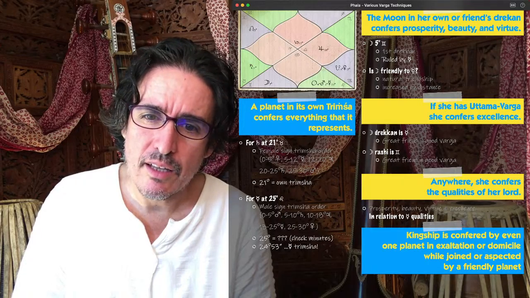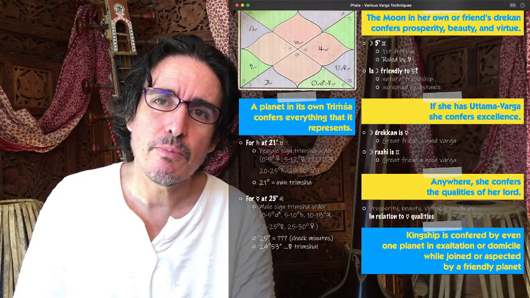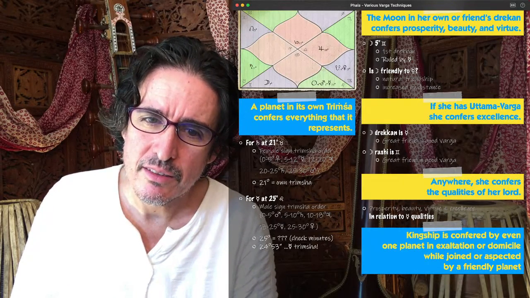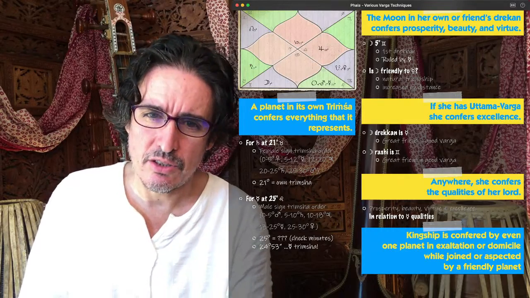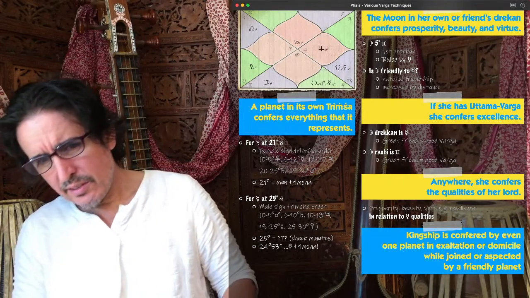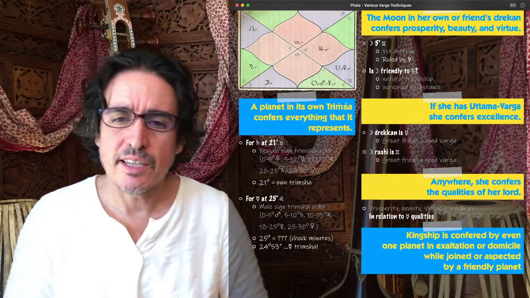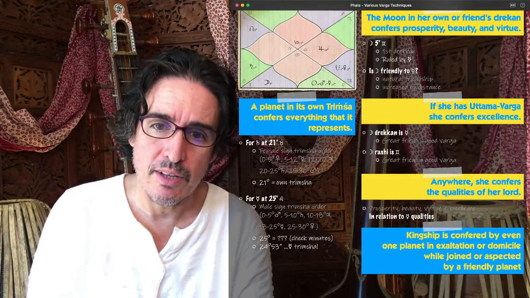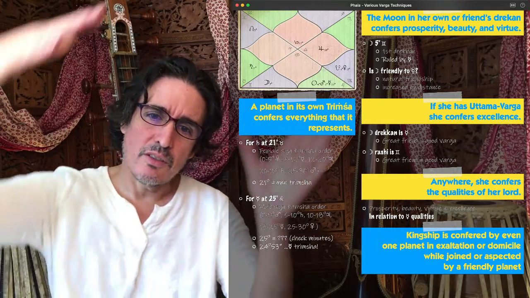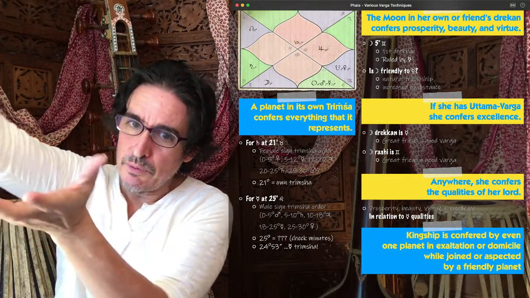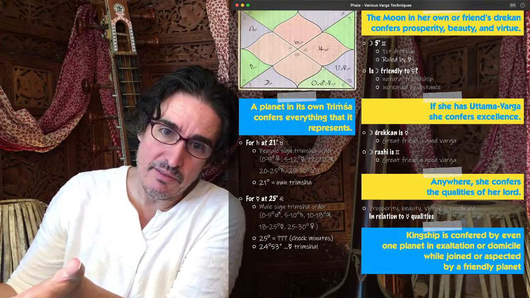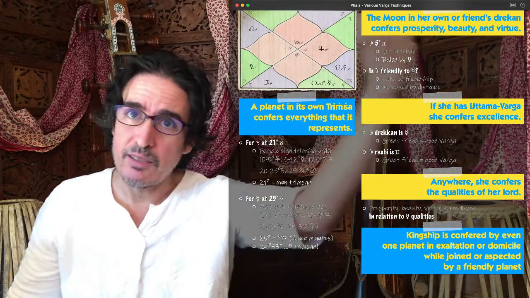So, this influence can occur by an aspect or by a conjunction. So just look at where the sun is. It's not in a position where it's going to get a lot of aspects from other planets. Because the whole chart, the planets are like on one section and the sun is kind of in the middle of that section. So most aspects come from across.